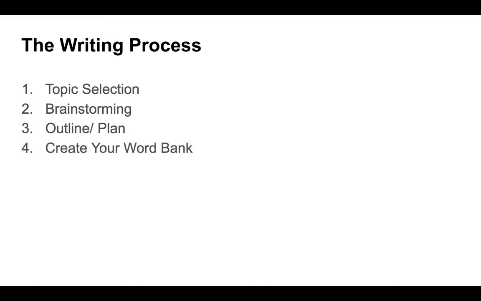Okay, so then number 4, this fourth step is really important. Depending on the type of writing that you're doing, you can create a little word bank beside your brainstorming area, and this will include academic words, verbs that you think might be powerful.